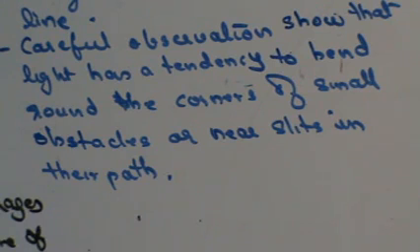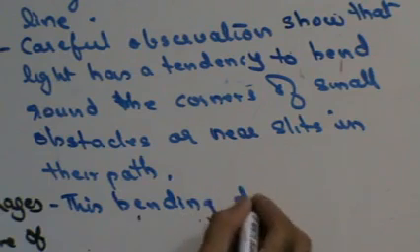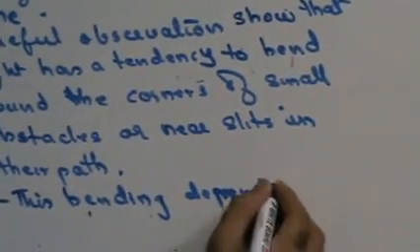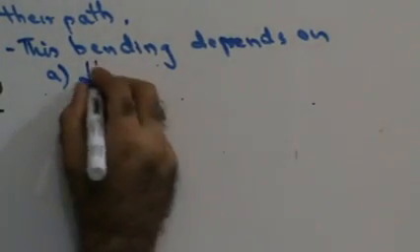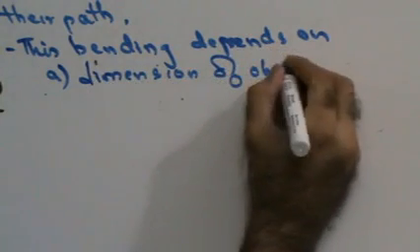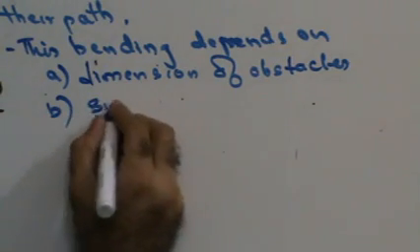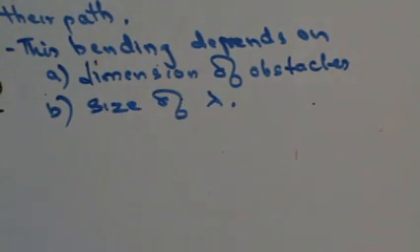And this bending or deviation of light depends upon, A, the dimension of the obstacle, and B, the size of the wavelength. This bending or deviation is small if the dimensions of the obstacle are large.